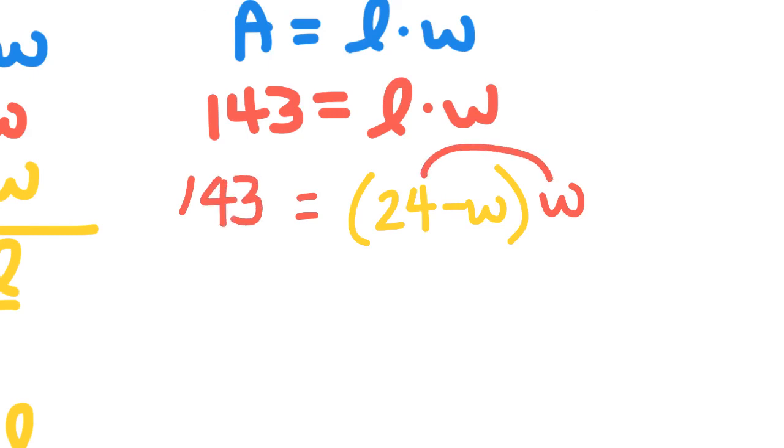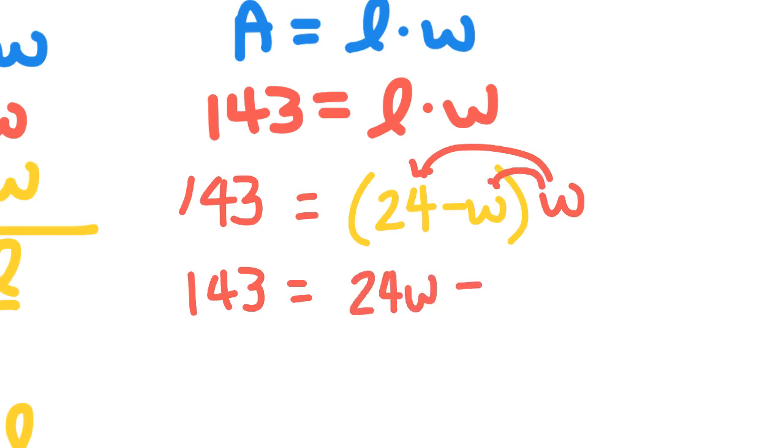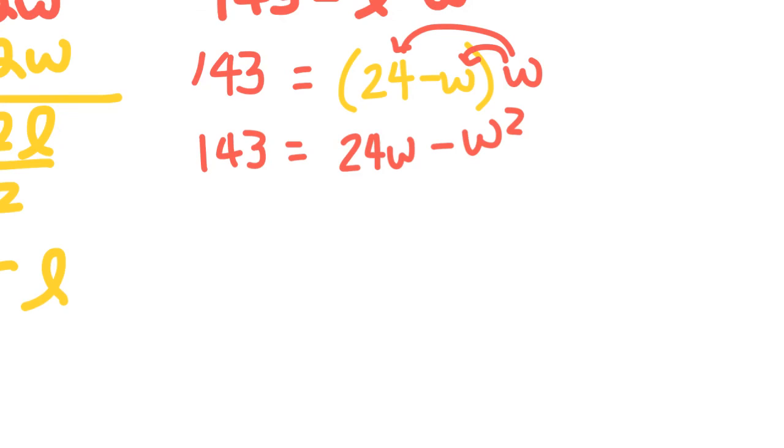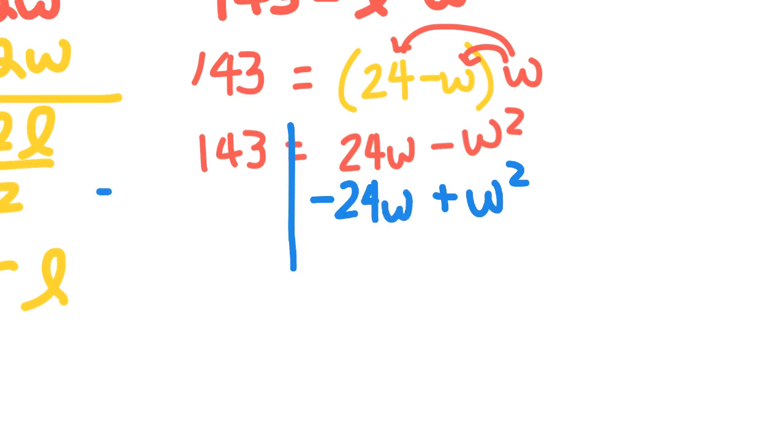Now, I will distribute the w, so 143 equals 24w minus w squared. This is a quadratic equation, so I'm going to get everything on one side by doing the opposite so that I can set this equal to 0.